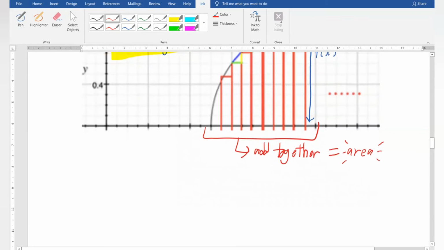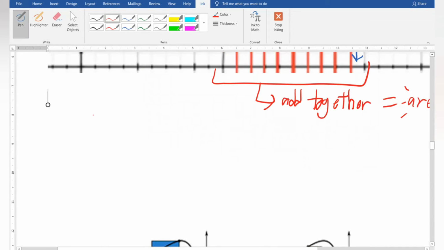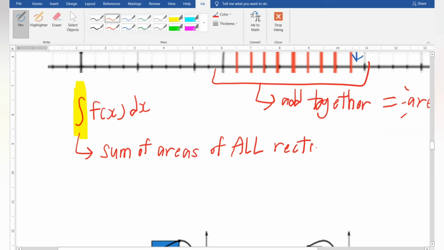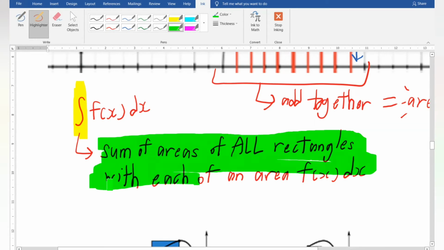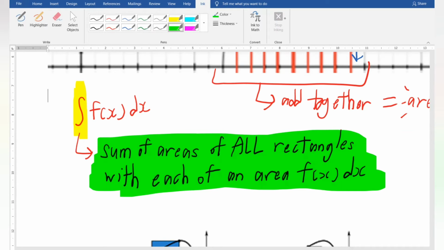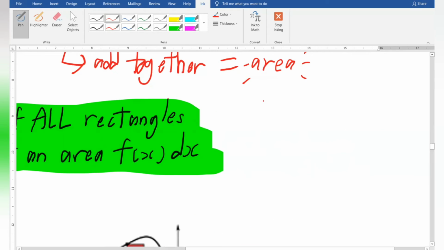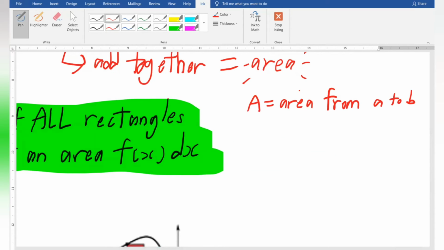In other words, recall that integration is expressed in terms of the integral of f(x) dx. We can take the integral sign as the sum of the areas of all the rectangles, each one having area of f(x) dx. Relating this back to the idea of tiny nudges, we can approximate the area under the curve bound from a to b inclusive by using multiple tiny rectangles in that range.